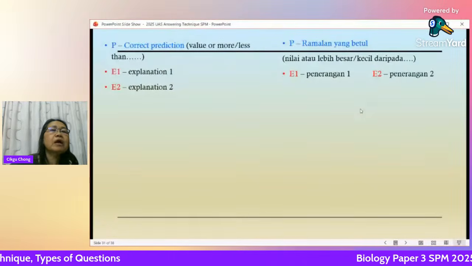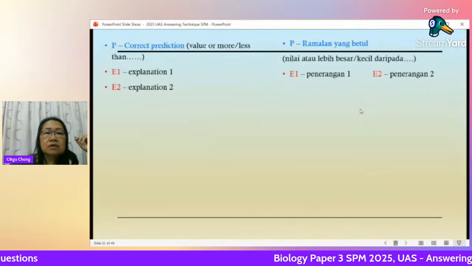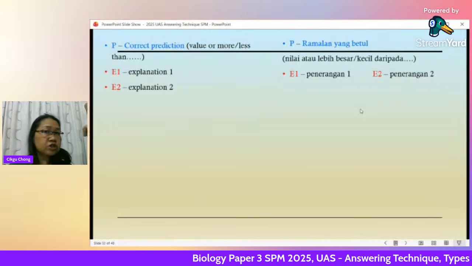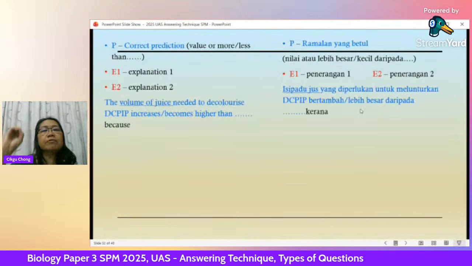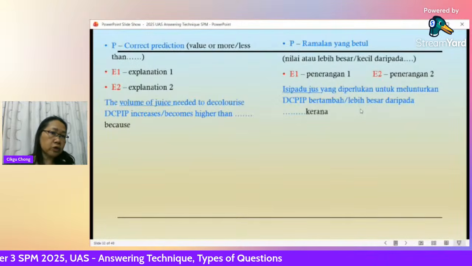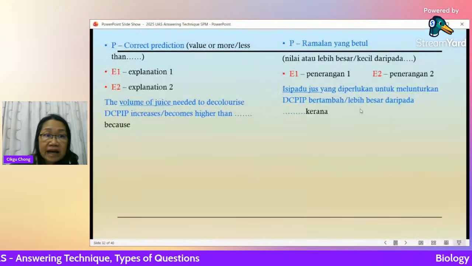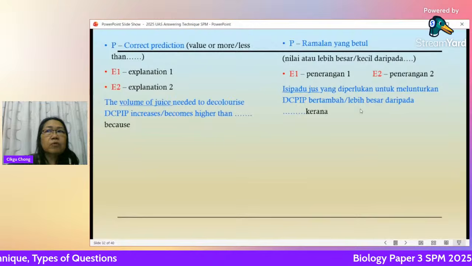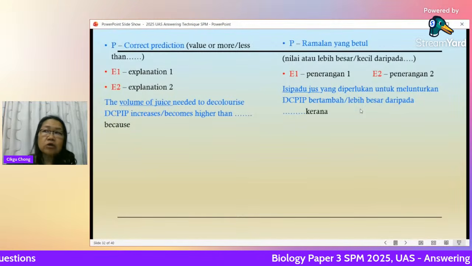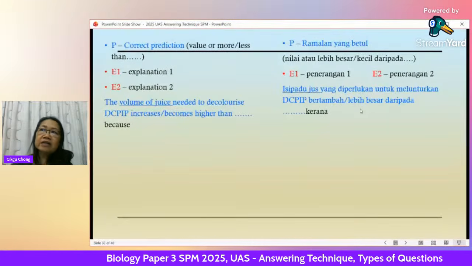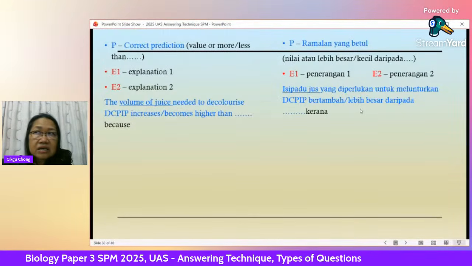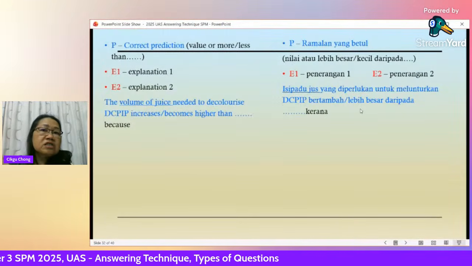Okay, example. 1 mark, correct prediction. If this question is 3 marks, then you will have 2 marks for your explanation. For example, if you increase the temperature for this orange juice, when you want to test your DCPIP, you go and boil your orange juice, or you slice open your orange and you let it oxidize in the air, right? That means the vitamin C will decrease.